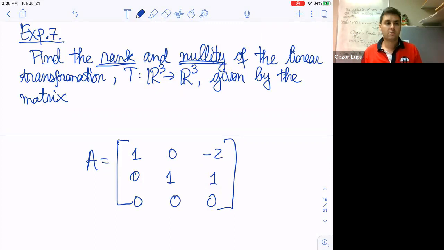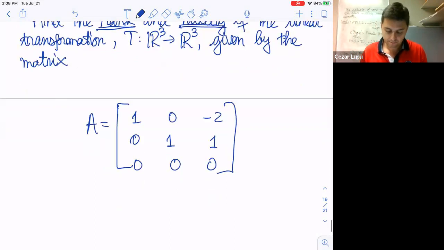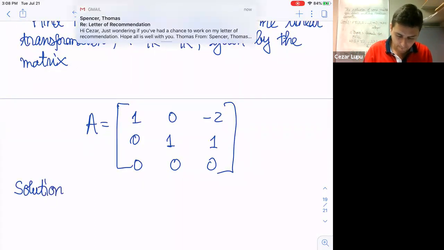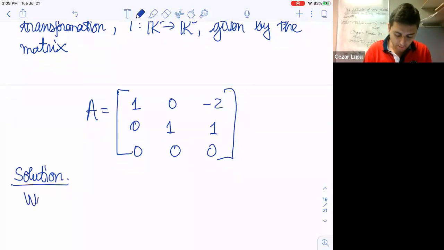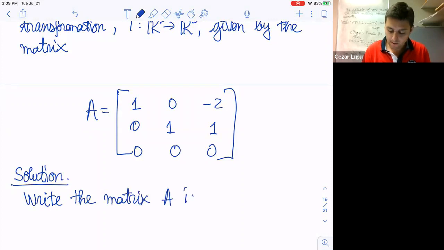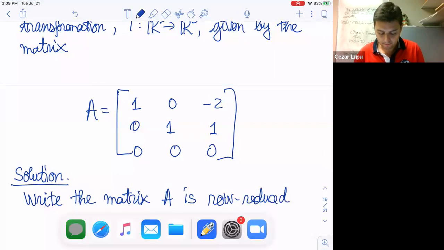So what we need to do is the following: the main idea is to write the matrix A in row reduced echelon form.